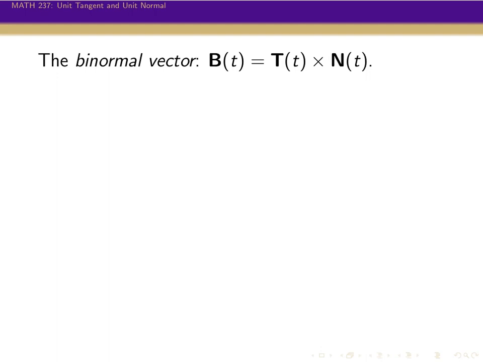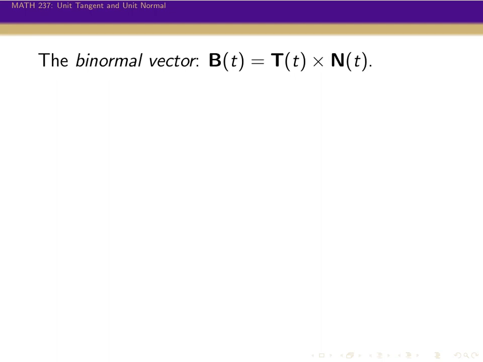We're going to call that B of t, which is just the cross product of T and N of t. And this is called the binormal vector. This follows the right-hand rule. If you put your right hand along T, have N be as you curve your fingers on your right hand, then B of t is going to be pointing up.